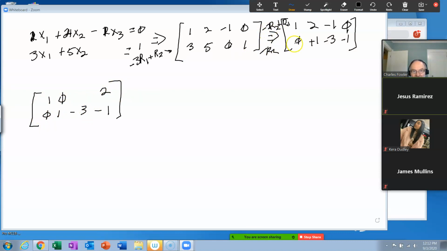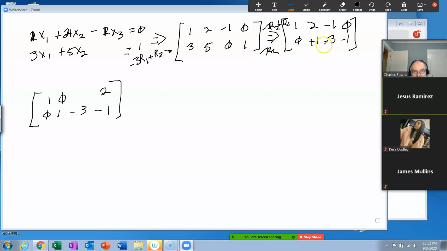Minus 2 times 0 is 0 plus 1 is 1. That's correct. Minus 2 times plus 1 is minus 2 plus 2 is 0. That's correct. Here's where I don't know where this came from.